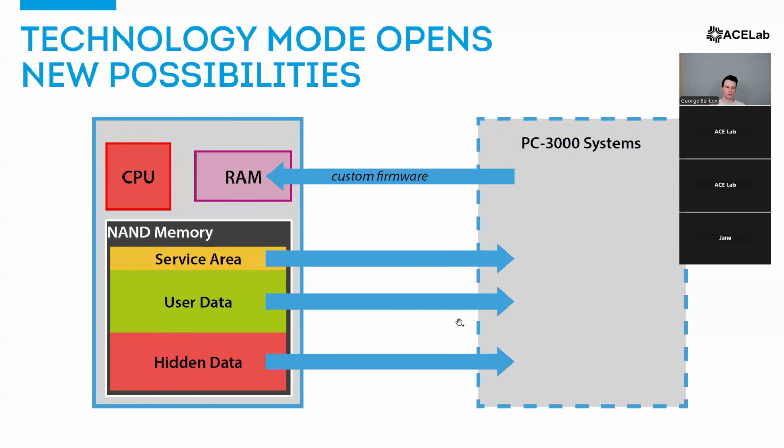So why do we need to use technological mode? Because without technological mode, you will never get access to these hidden areas. Technological mode opens new possibilities for you to communicate with your drive. You are not communicating on the operating system level, only about some logical corruption or some basic tasks. You can upload custom firmwares.